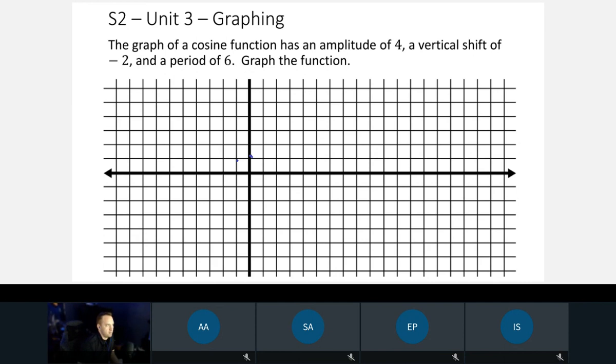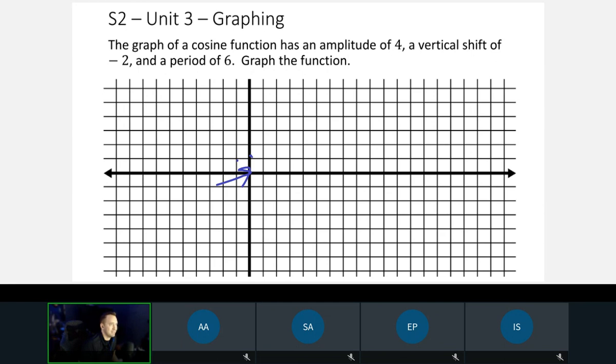So let's do the vertical shift first. The vertical shift is, I'm sorry, -2. So that means we're going down 2 units from that point. The midline is at the origin for the parent function, so you want to look at that when doing your shift.